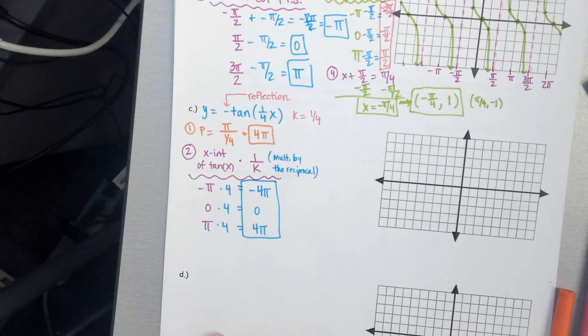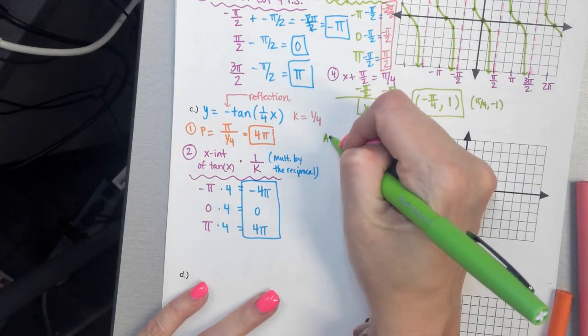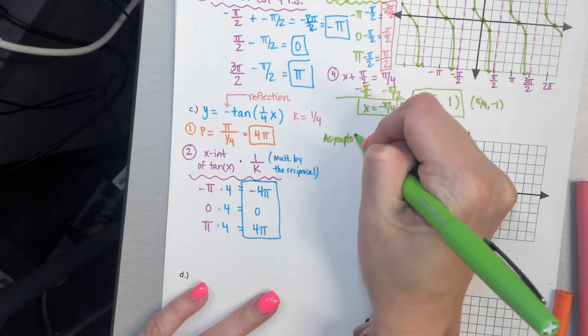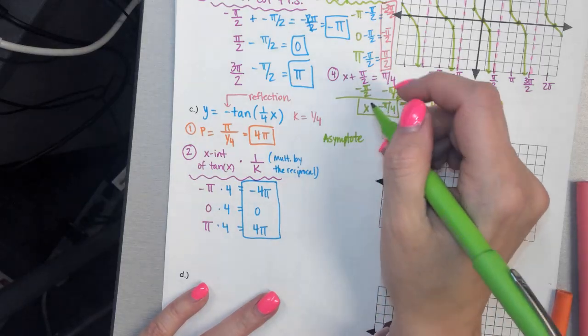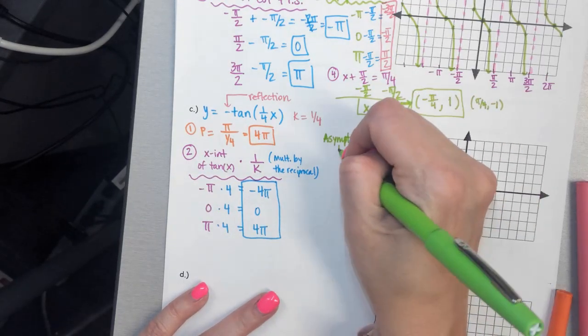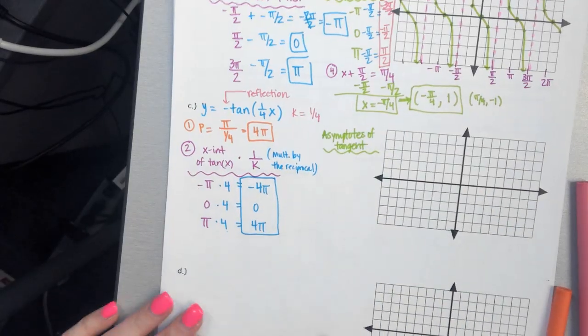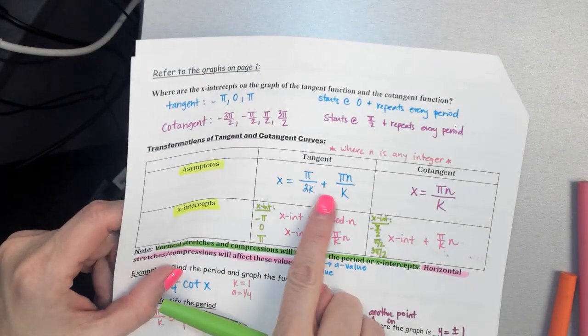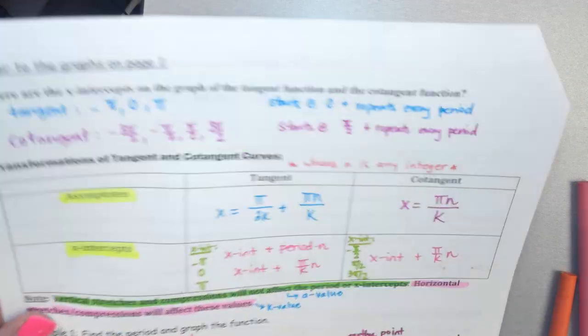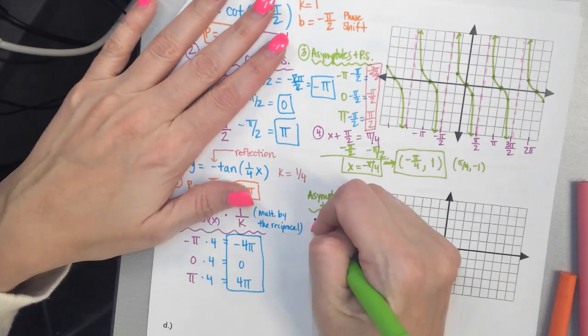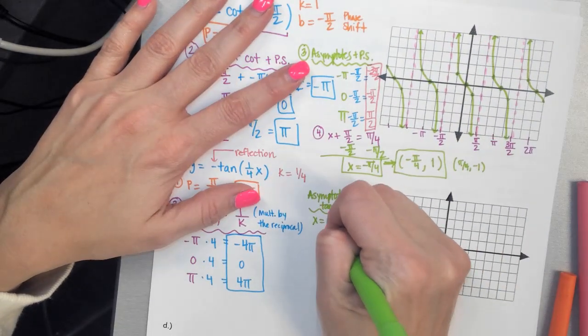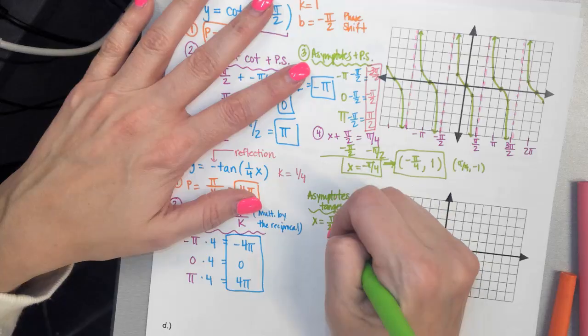And because our k is different, we are going to use our asymptote equation, because the asymptote equation already takes k into account. Okay, so if we look back here, the asymptotes of tangent are found by this. Pi over 2k plus pi n over k.